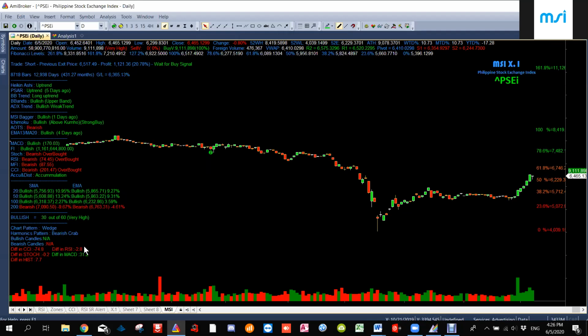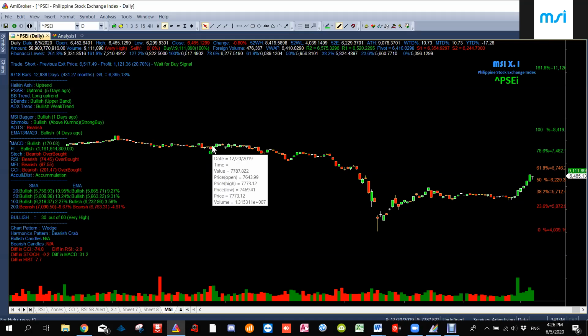Usually, ang ginagamit ko dito is yung sa RSI. No? So, depende sa number na indicate niya would give you kung yung divergence ba na yan is based on MACD, based on RSI, or CCI.